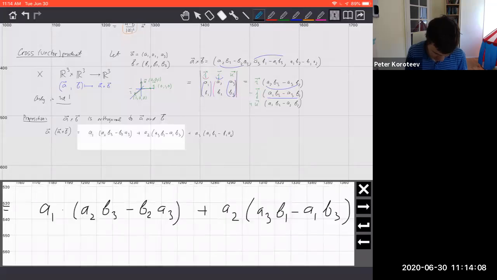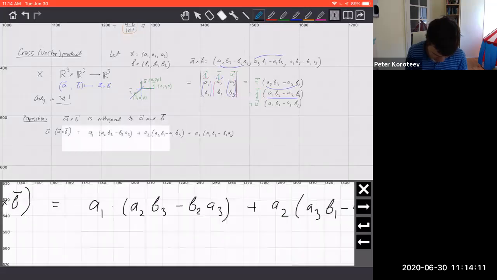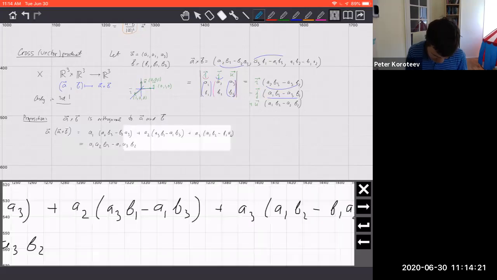I'll just open up everything and everything should cancel. So it's A1A2B3 minus A1A3B2. I'm just reordering terms.